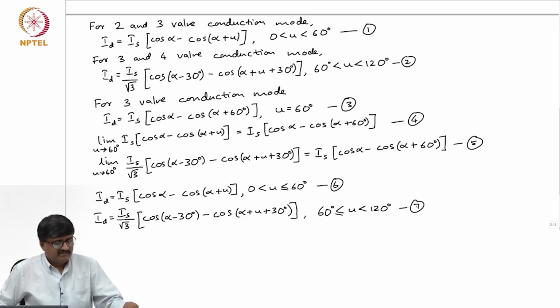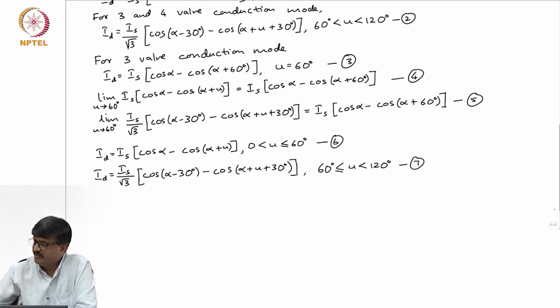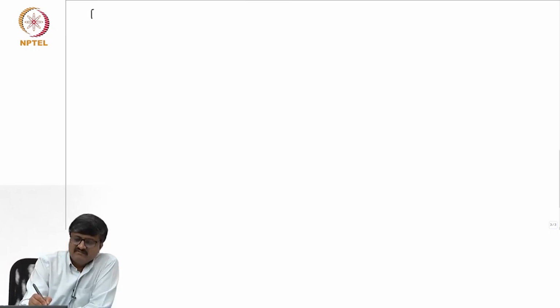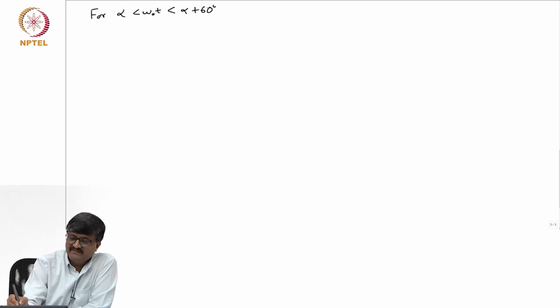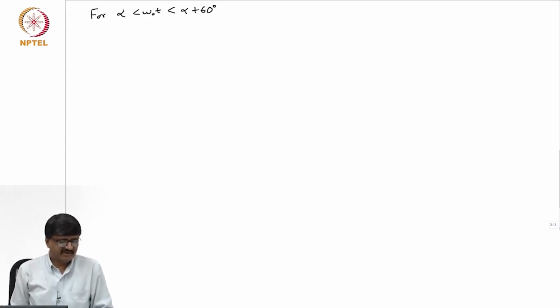Now let us move on to the DC side voltage. If I take the same interval alpha less than omega t less than alpha plus 60 degrees, we got an equation by applying Kirchhoff's voltage law.